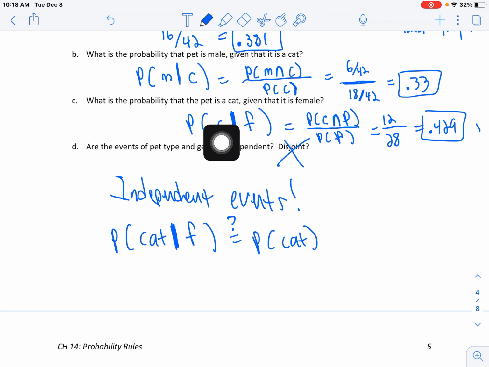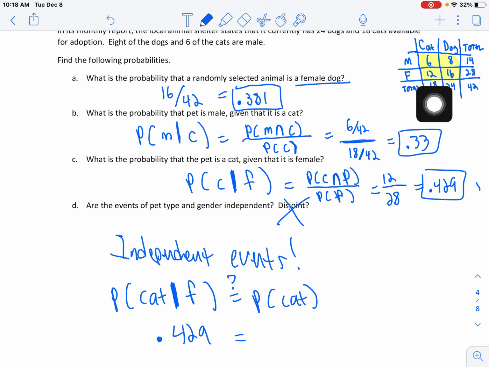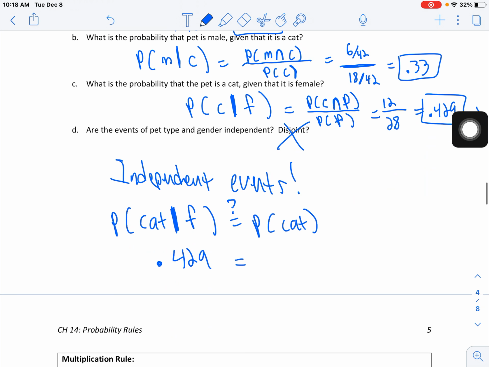I picked this one because we actually just solved that for letter C. So this is 0.429. And then the probability of being a cat, we have 18 cats out of 42. If you did 18 out of 42 in your calculator, this ends up being 0.429. So yes, they are independent, and we know that because we checked using our independence rule.